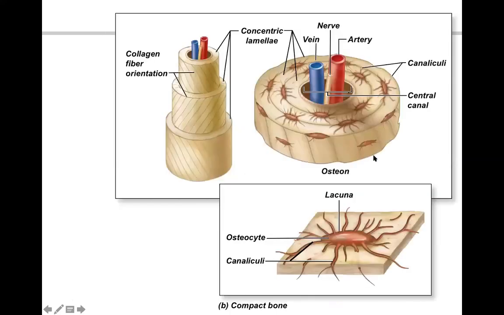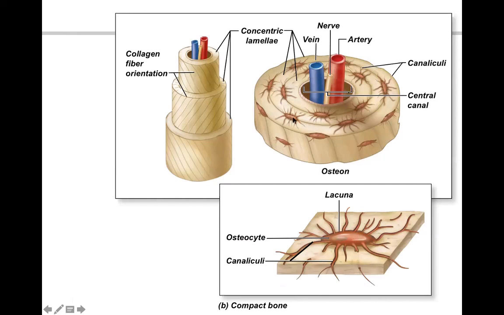This is just showing you another view, a much magnified version. As you can see, this is the central canal, and these are the concentric circles in which the osteocytes are present. What are osteocytes again? These are mature bone cells.